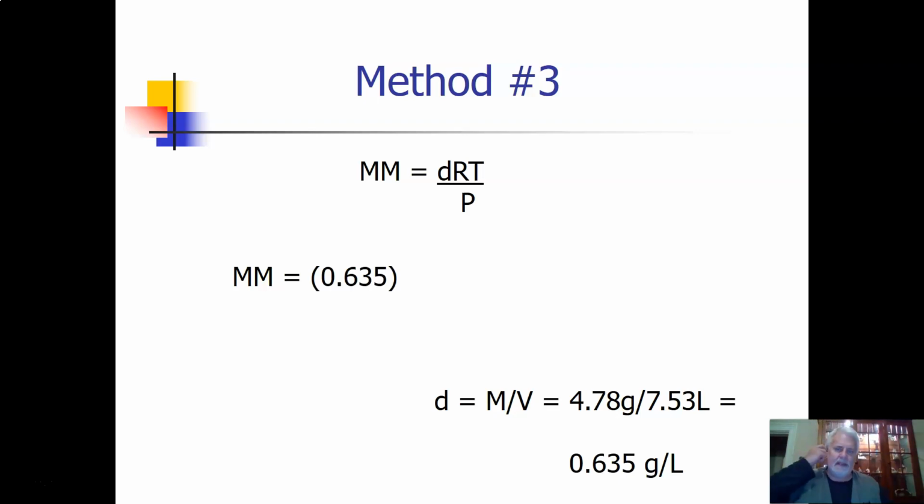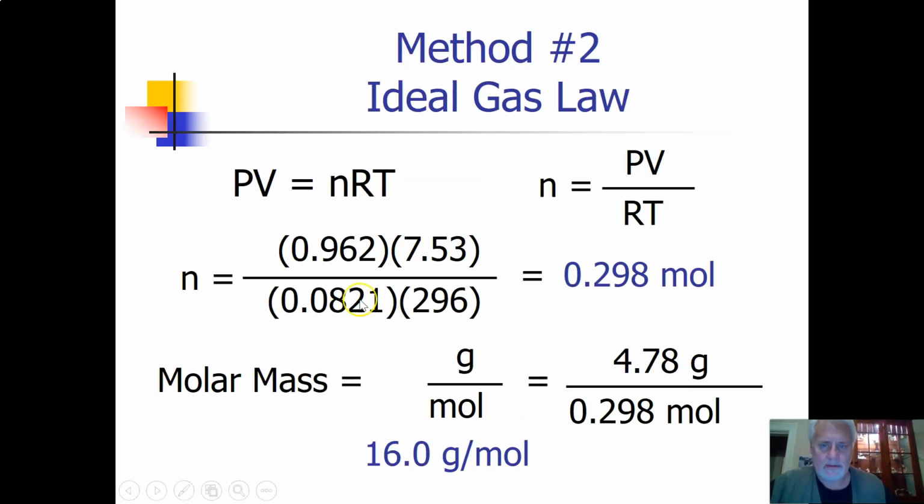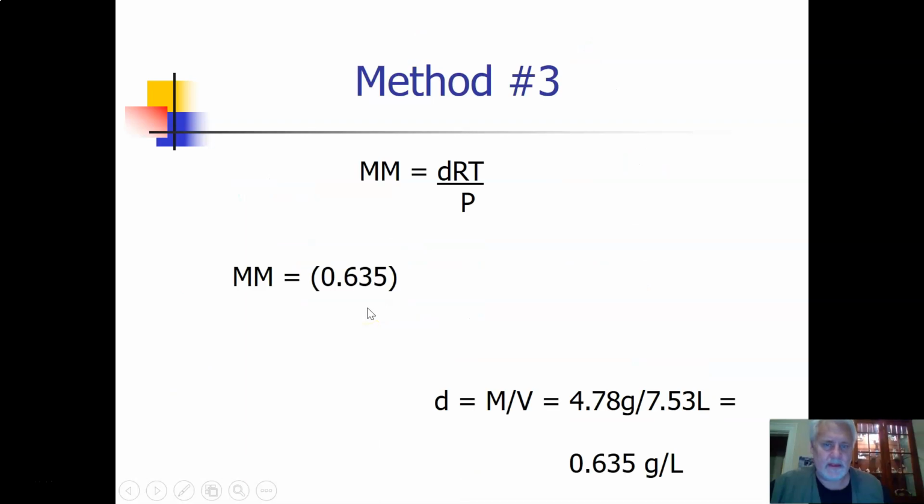So MM equals 0.635 grams per liter, which is what you want for the units. You get to leave those out in the gas laws. Constant, it's not going to change. It's going to be the same constant as it was way back there, which is 0.0821. Boom. And the temperature, same.